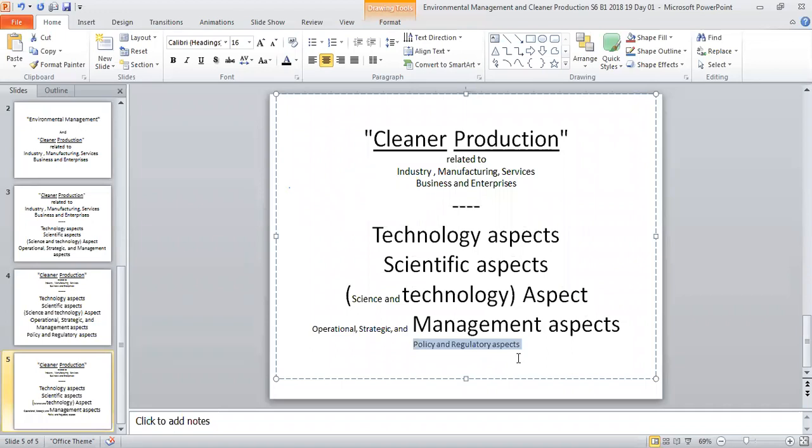So you will be learning about social, economic, environmental, sustainability, related technologies, and also operational, strategic, and managerial aspects. And you will be learning about policies, the government policies, maybe for environmental management. There are policies for cleaner production, and you have to learn all of this.